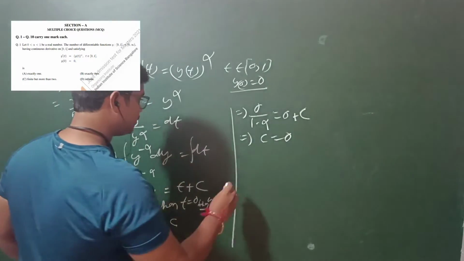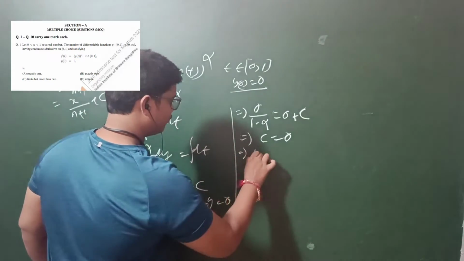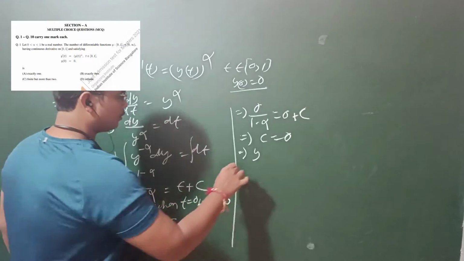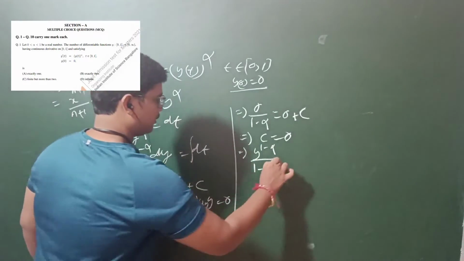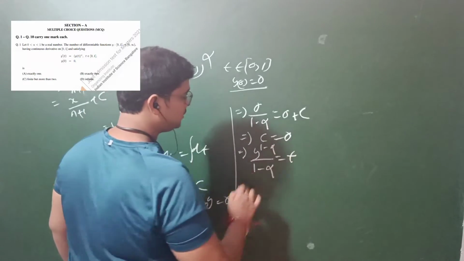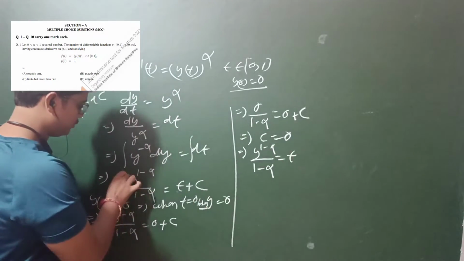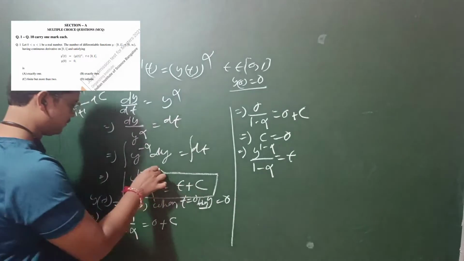That means y^(1-alpha)/(1-alpha) = t, with c = 0. This is the solution.